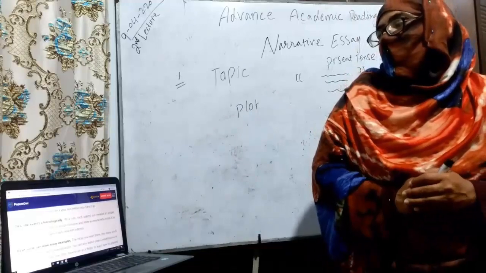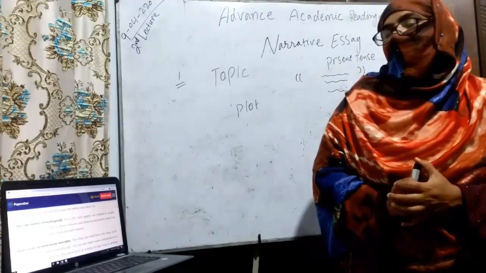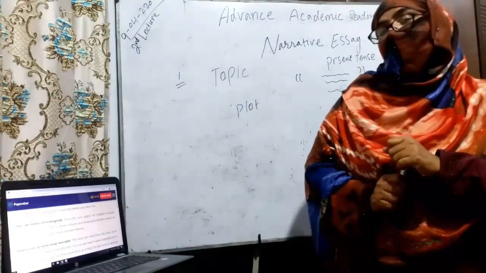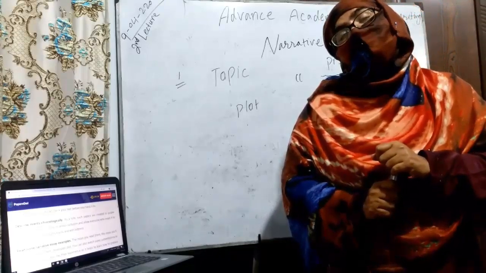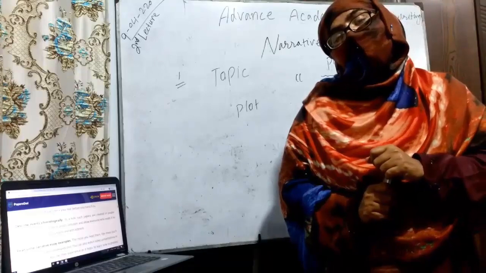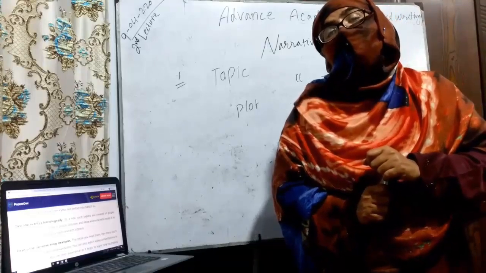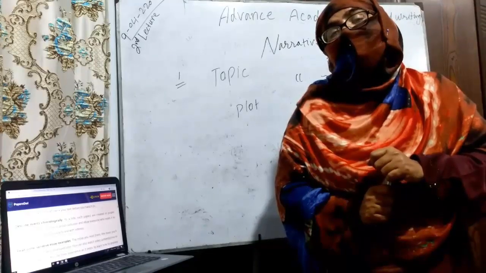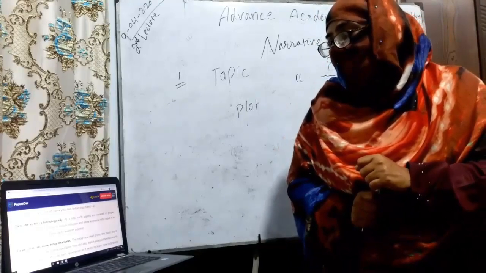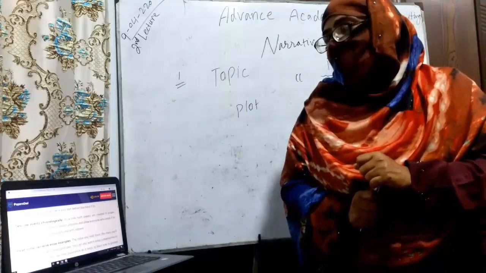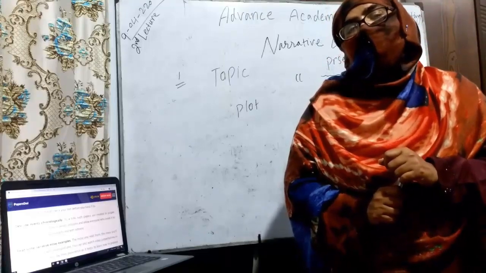Describe events chronologically. I have already told you the meaning of chronologically. What is the meaning? Tell me. Chronologically means, yes, you're right, traditionally.